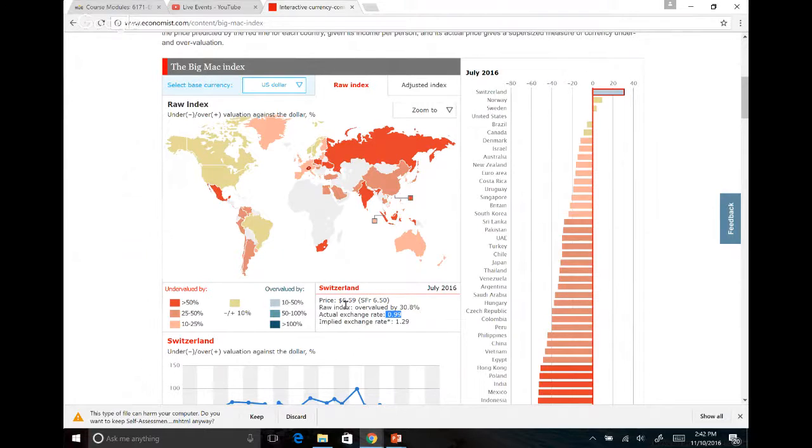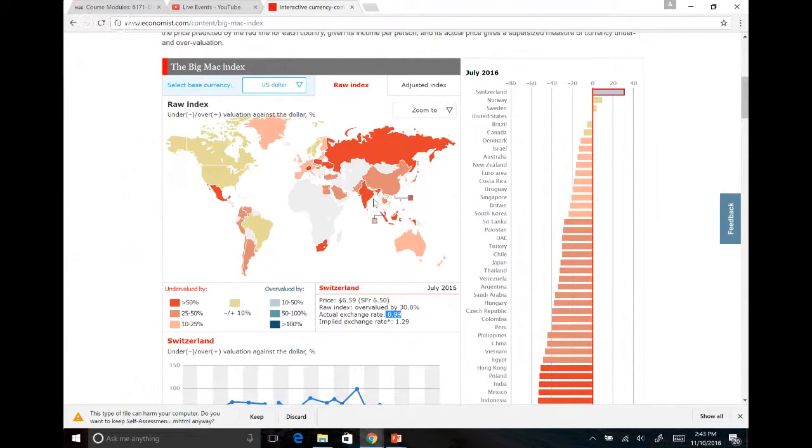But the Big Mac is more expensive in Switzerland. So the Big Mac in Switzerland is 30% more expensive than the Big Mac in America. So Switzerland has a higher price on Big Mac.